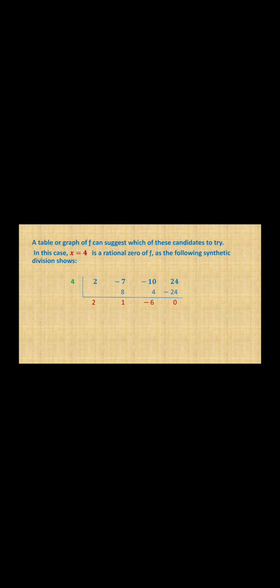So our function f of x equals x minus 4, one of the factors, multiplied by 2x squared plus x minus 6, and this is the result we found from synthetic division.